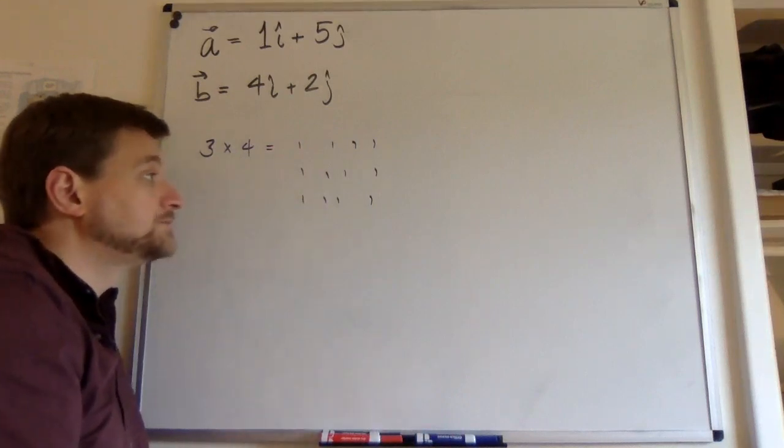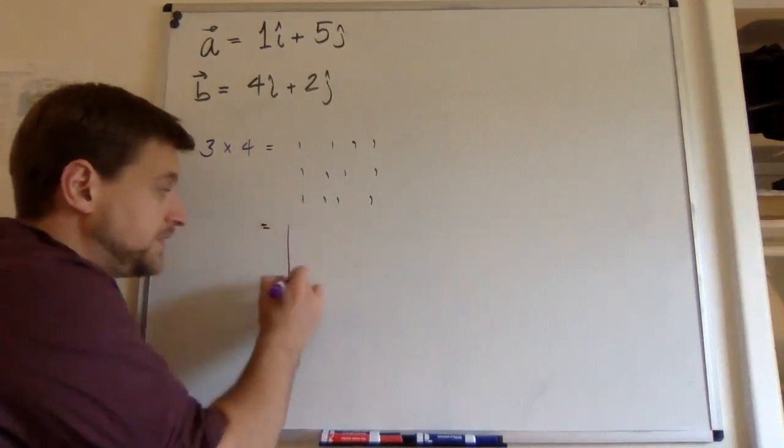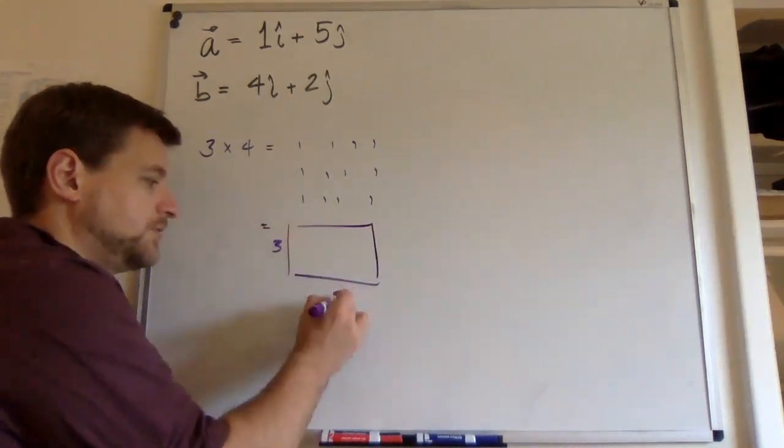So that's the product. It's also the area of a rectangle, 3 units by 4 units.